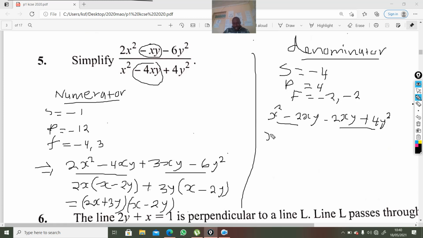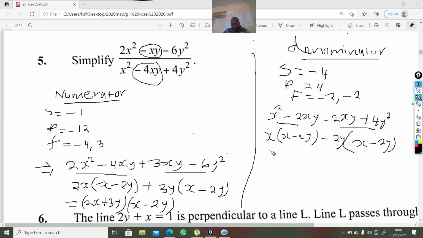We shall have x into x minus 2y, then minus 2y here, we pick 2y as a common factor, into, remember this negative, we change this to be negative, into x minus 2y.